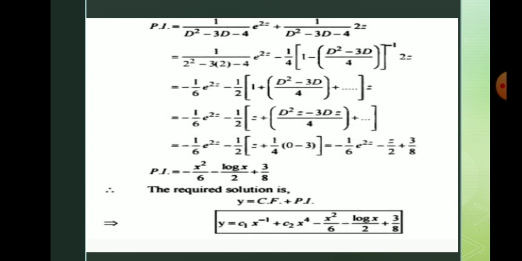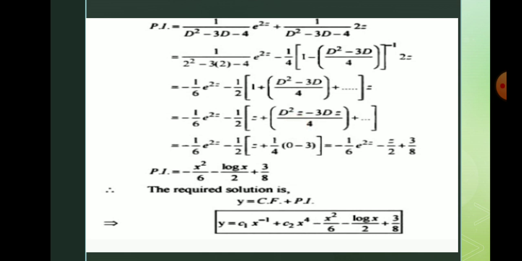In the second term, taking common the lowest degree term and applying the binomial formula, here you get 1 plus (D square minus 3D) upon 4 and so on, into z. Now look here, the first derivative of z is equal to 1 and the second and higher derivatives of z will be 0. Therefore the second term is equal to minus z by 2 plus 3 by 8.